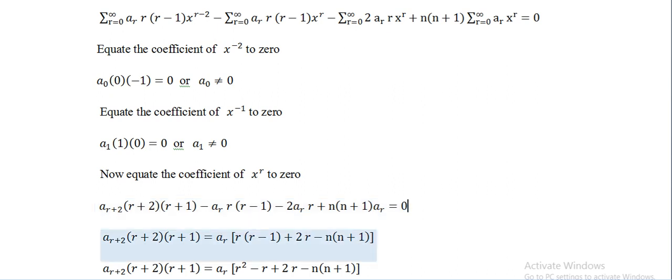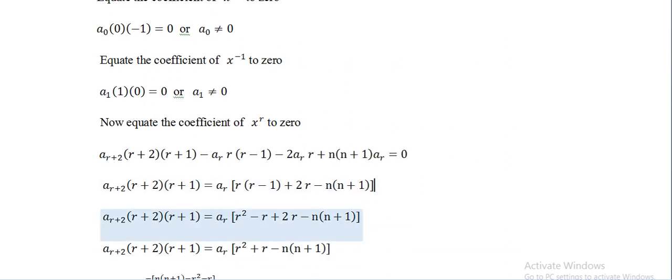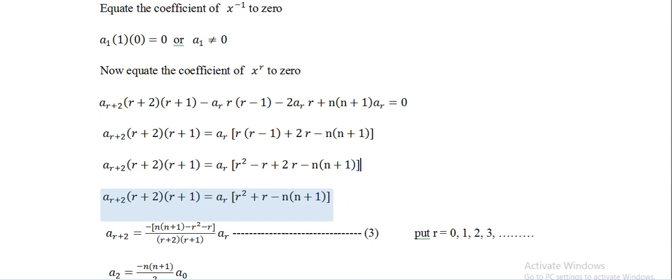After taking a_r as common, we get r minus 1 plus 2r minus n plus 1. Then multiply the first bracket: r square minus r plus 2r minus n plus 1. After simplifying this equation, we get r square plus 2r minus r is plus r, minus of (n plus 1).